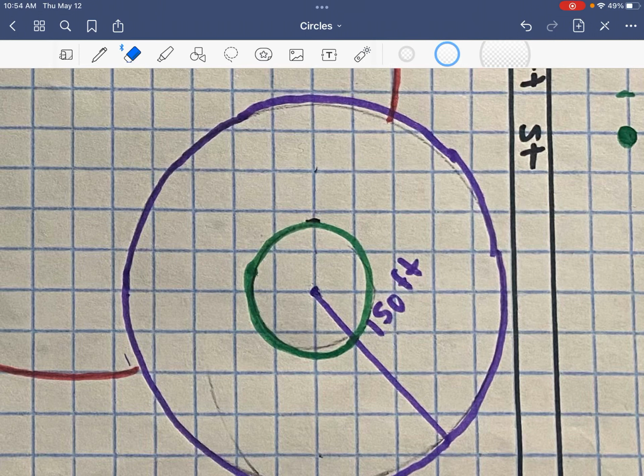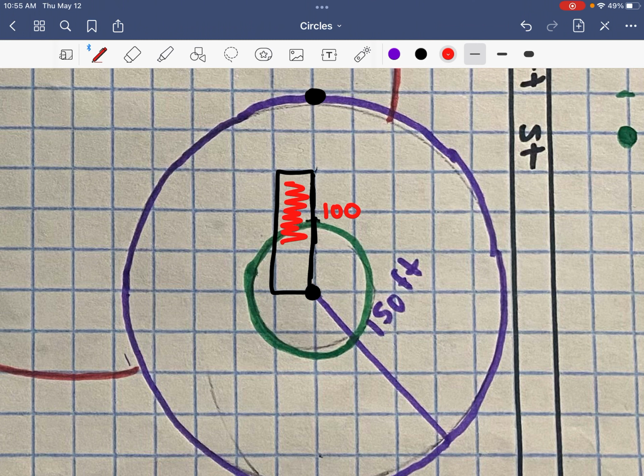So I'm just going to count how many squares it takes for me to get from the center to an outside point, okay? I'll choose this one. So right here I have 1, 2, and 3. I have 3 squares. So this means that this is 100 feet right here, right? Because I have 3.